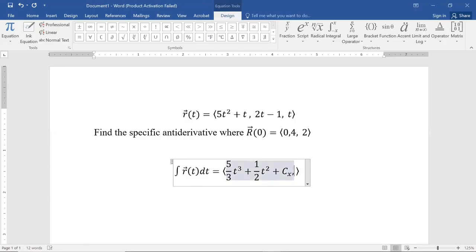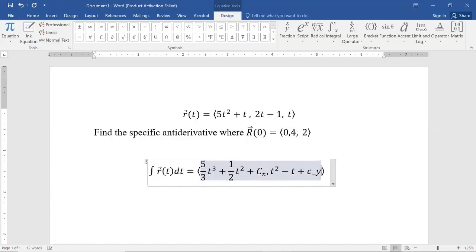Then we're going to do the same thing to y. We're going to take the antiderivative of 2t minus 1. That's going to be t squared minus t plus constant with respect to y. Maybe I'll write these as lowercase constants.